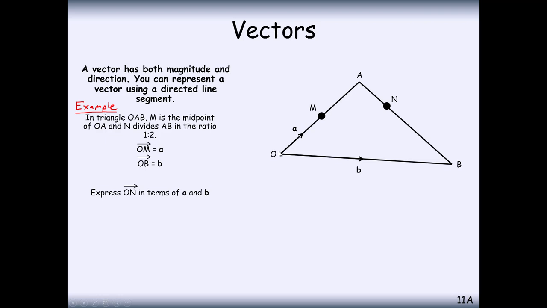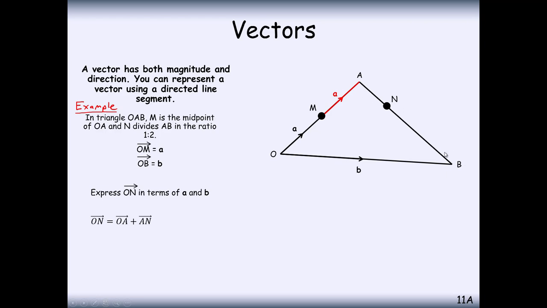Now, I know OM is a, and I know that M is a midpoint, so that means MA, the same size, traveling in the same direction, is also going to be equal to a. So that's a and that's a. Now ON is going to be equal to OA plus AN. It's going across there and down there.